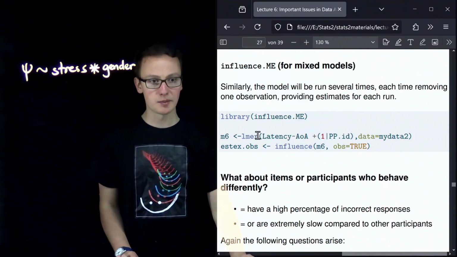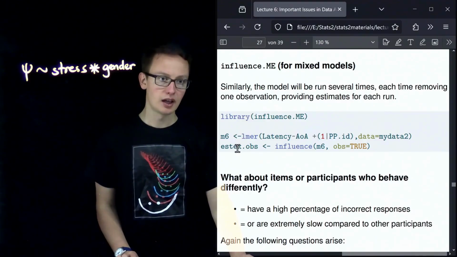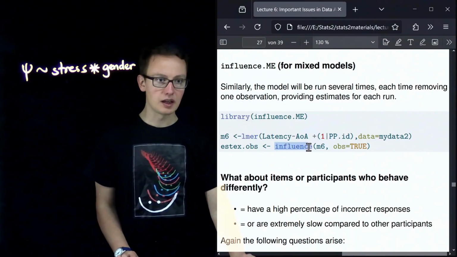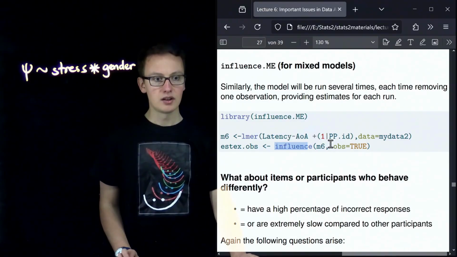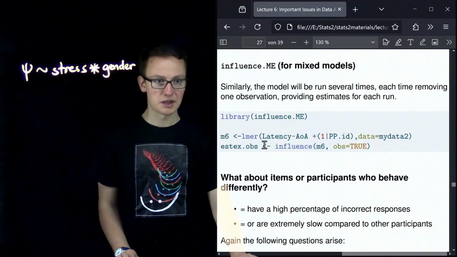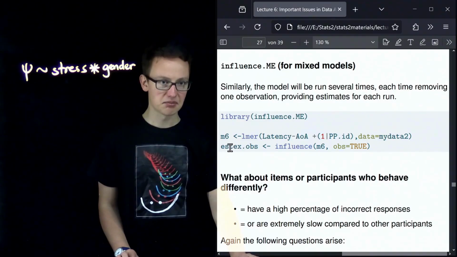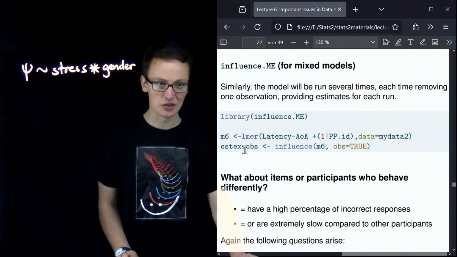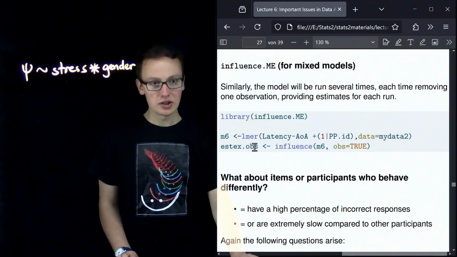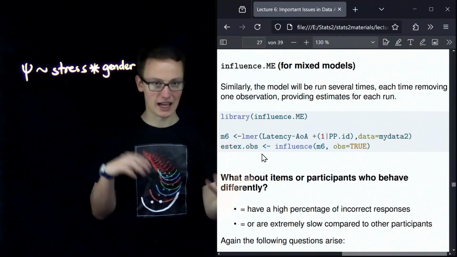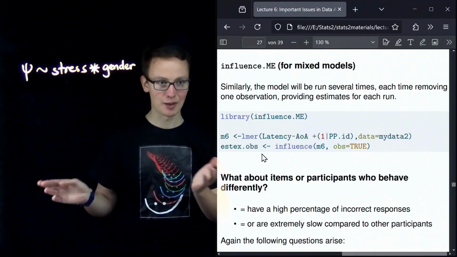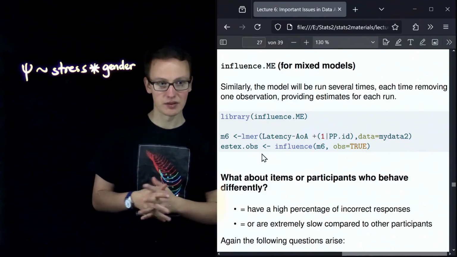Once we have fitted this model using the lmer function, we can use the influence function from this influence.ME package to create this object, which we save in this variable called stex.obs here, which will summarize many different aspects, like Cook's distance, but also other metrics for each individual data point.